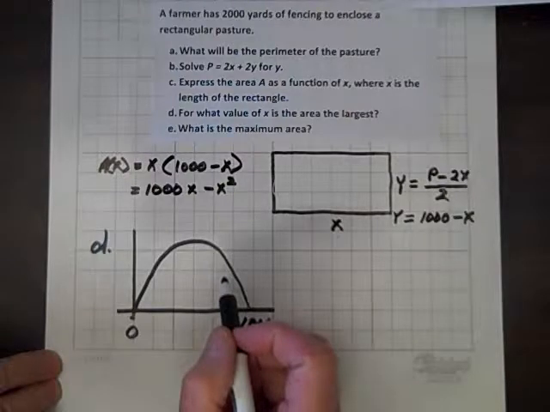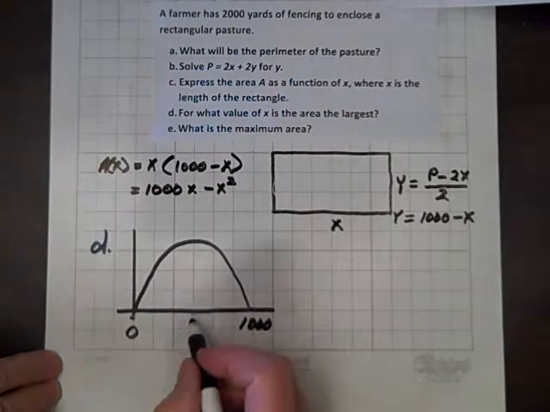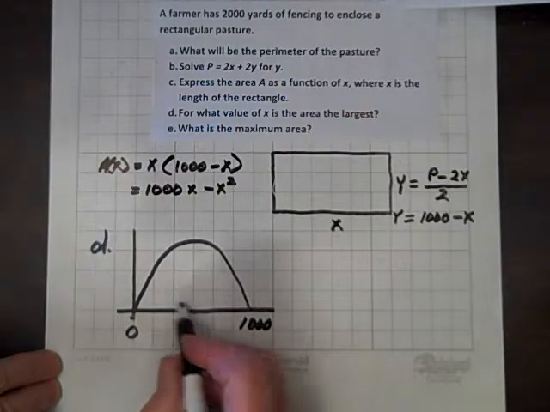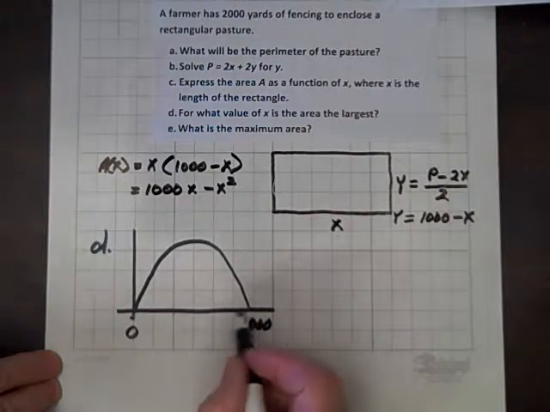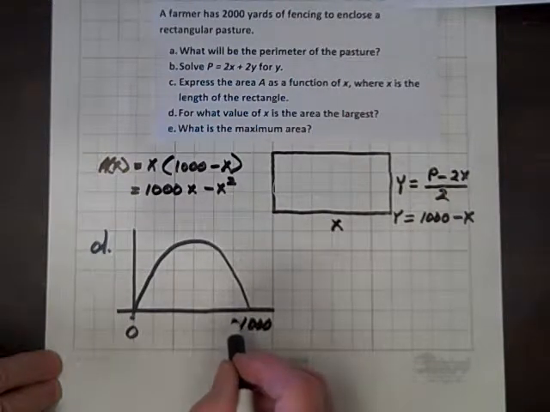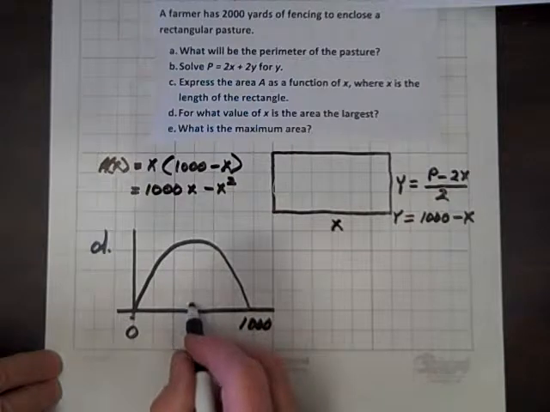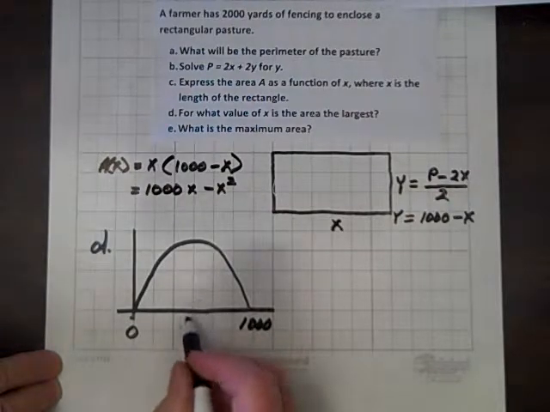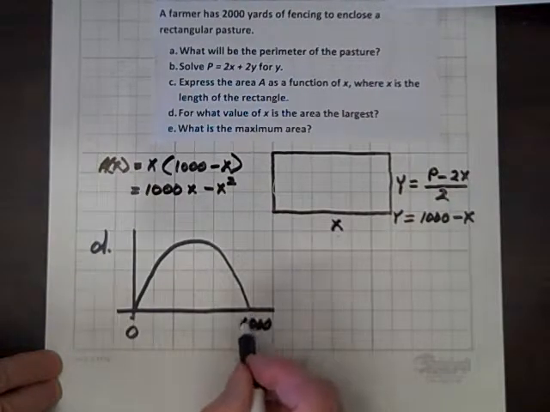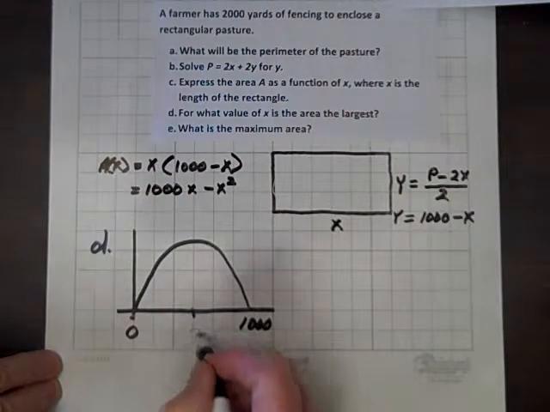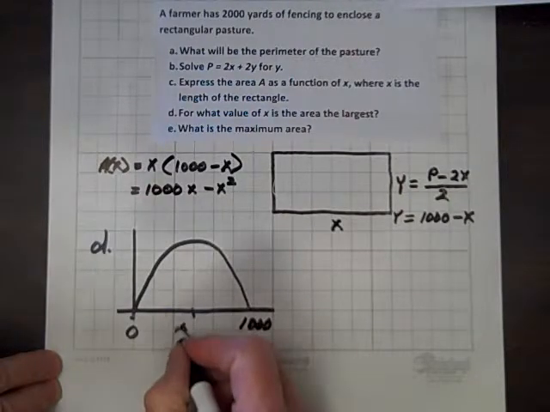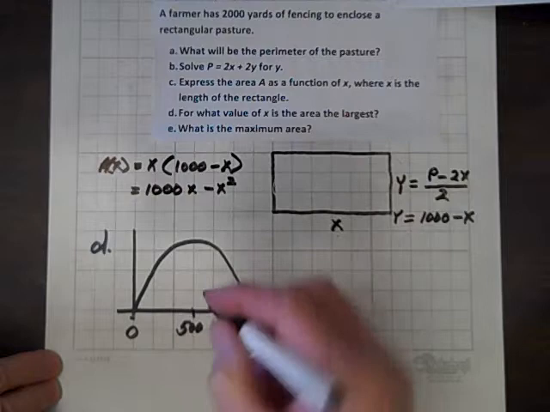Now, the axis of symmetry lies exactly between the two zeros of a quadratic equation. So halfway between the two zeros, the axis of symmetry lies at 500.